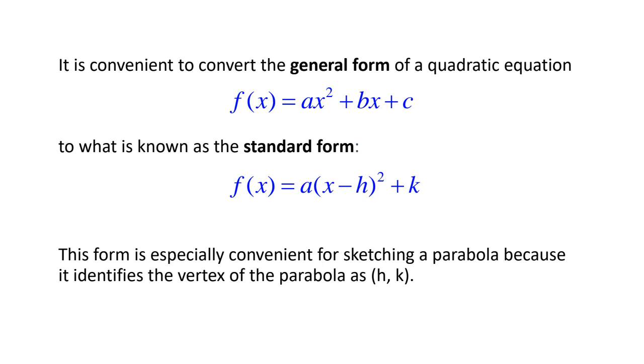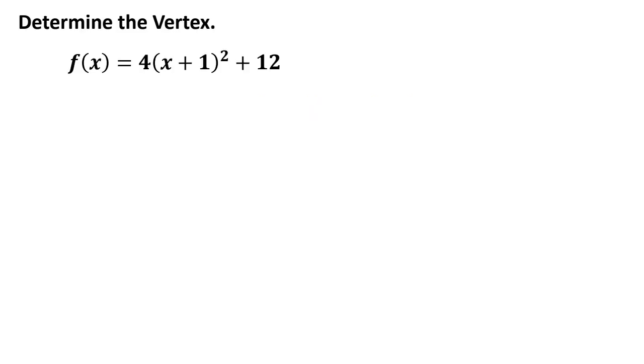In the general form, if a is positive, all we can really tell is that our parabola is pointing upward. I like to also let the students know that in this format, they also give us the y-intercept. c will always be your y-intercept in the general form, okay? But it's especially convenient when we're sketching or graphing our parabolas, right? So let's go ahead and look at an example here.